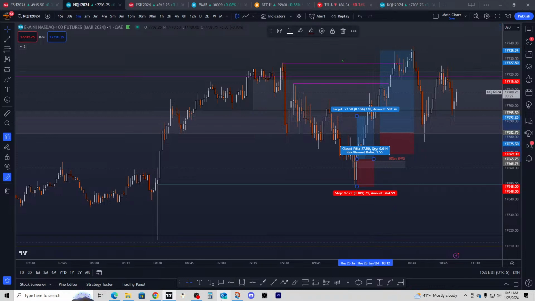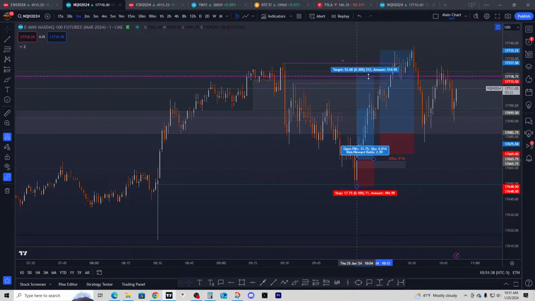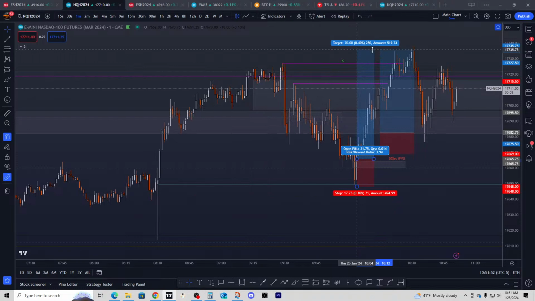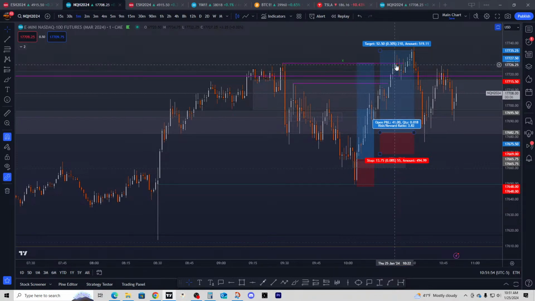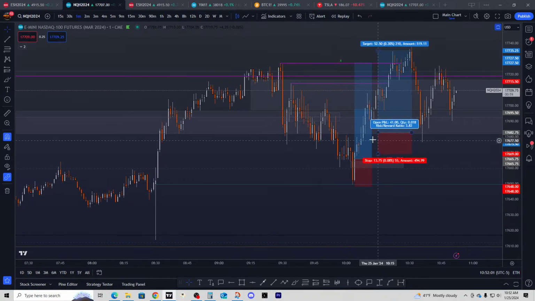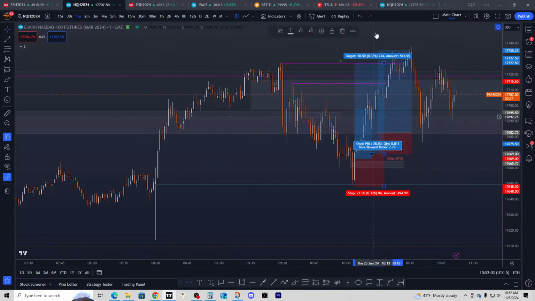Let's just say this could have been a 3-to-1. 580 times 2, I could have made 1,100 on that trade, but I only made 580, so I could have made more. I could have taken it up to here, these highs, close to here. But it is what it is, man. It's not that big of a deal. I just closed it too early.